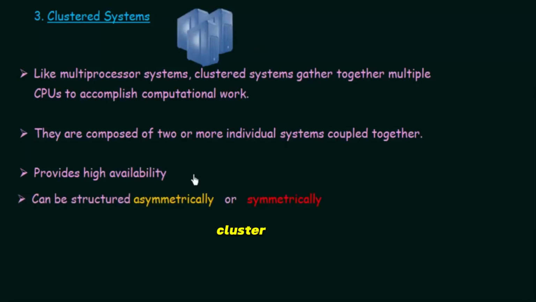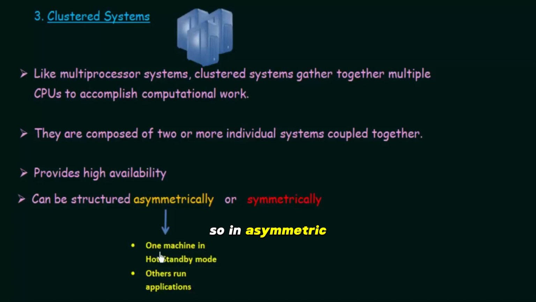And even in this cluster system, this can be structured either asymmetrically or symmetrically, just like our multiprocessor systems. So in asymmetric, what happens? In asymmetric, one machine is in hot standby mode, and then the others run the applications. So we know that in asymmetric mode, what we have is a master-slave approach.